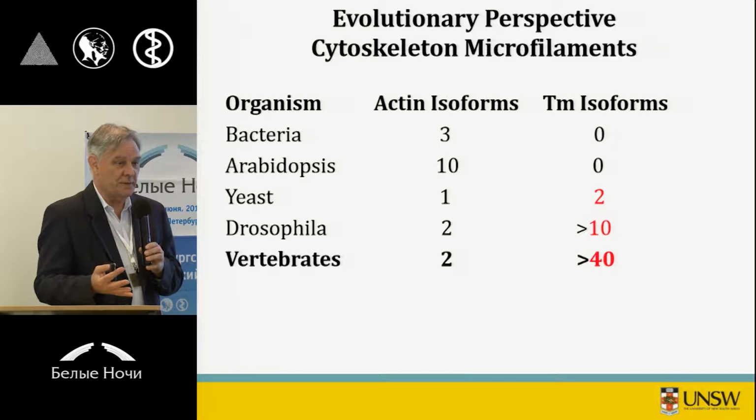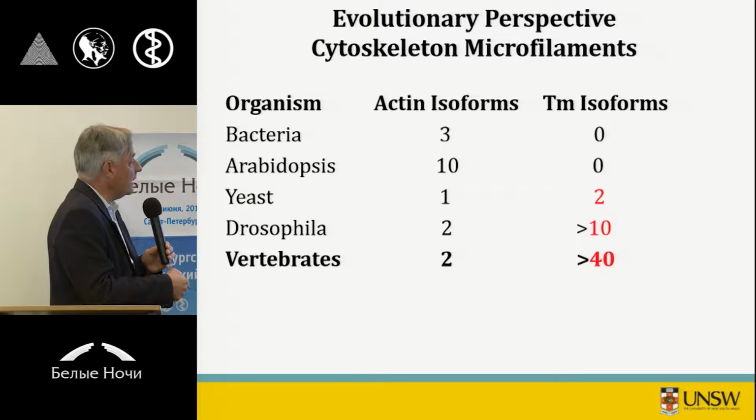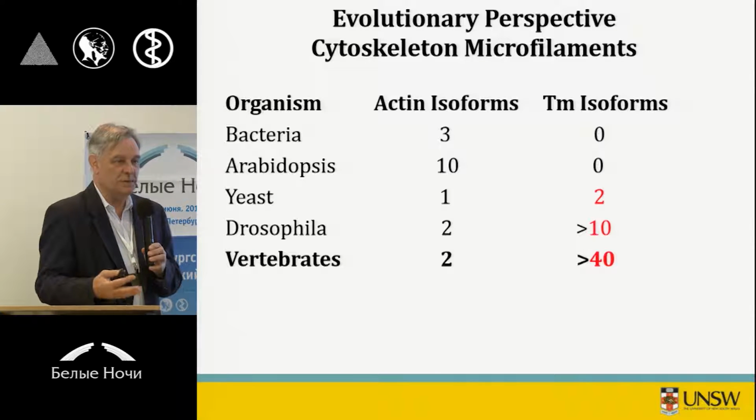In the case of the petunia, there are over 100 actins. But when we look at yeast, the fly, or vertebrates, we see there is a very low number of actins with which we build our cytoskeleton.